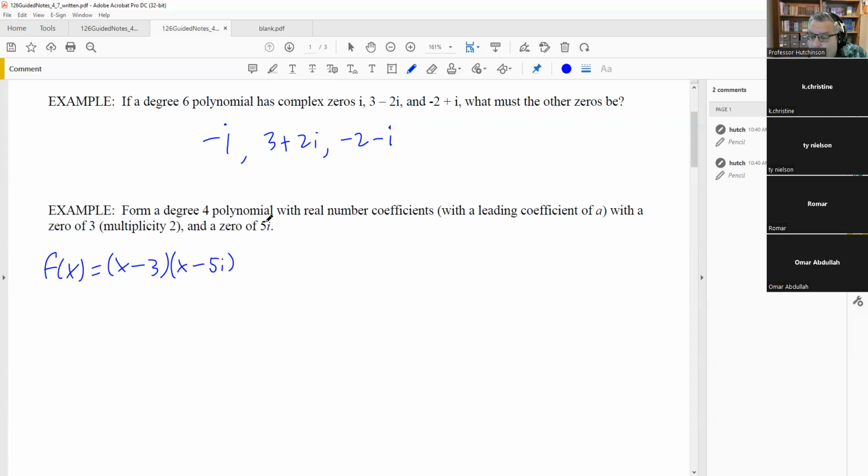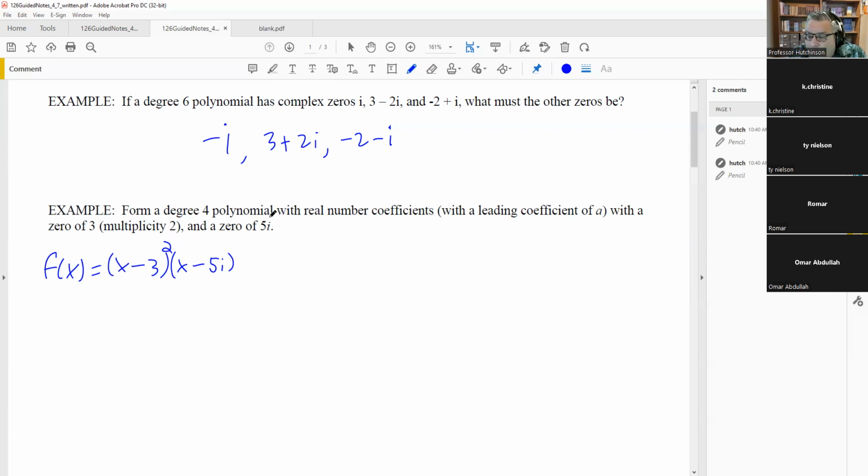Now, what I also know about this is it says the multiplicity is 2 if I have a 0 of 3. Now, what that means is that I need to put a 2 on top of the first factor. So whatever the multiplicity is, that becomes the power that you have on that particular factored piece.